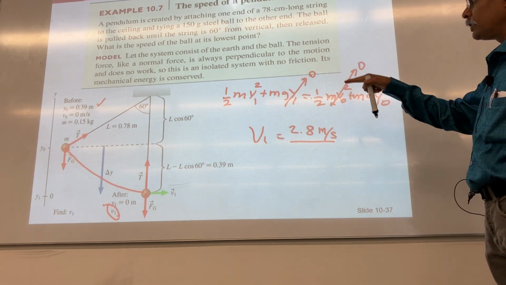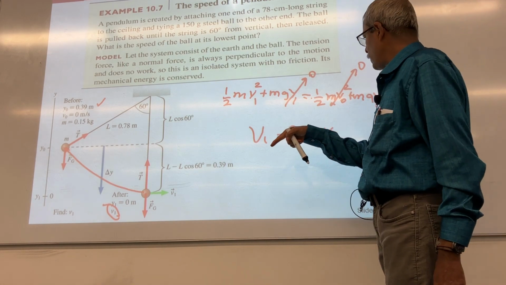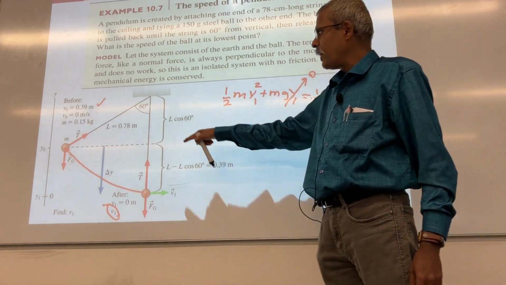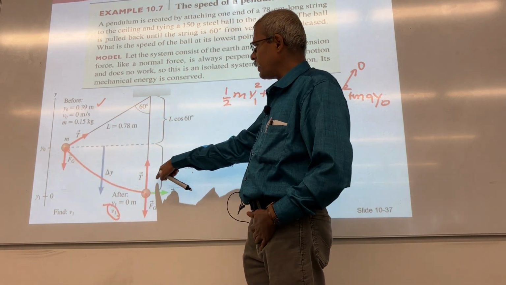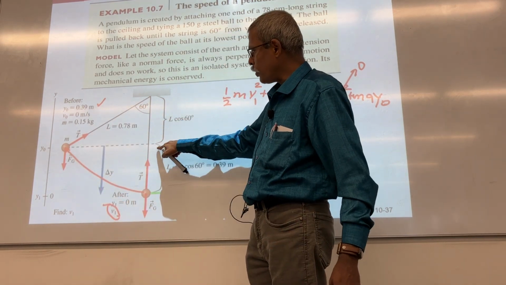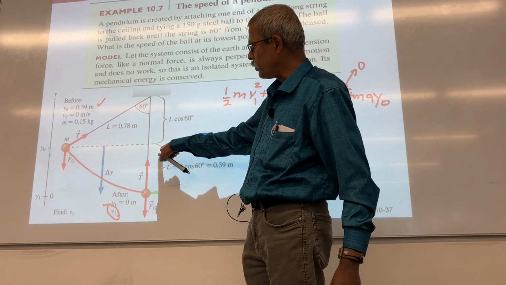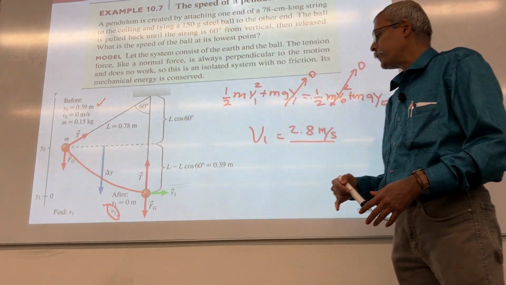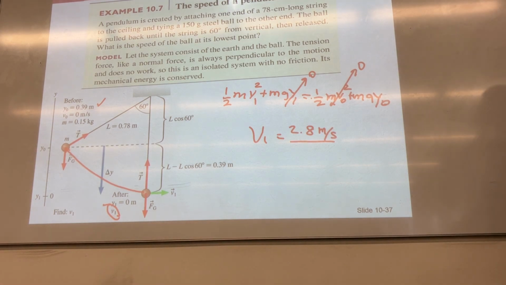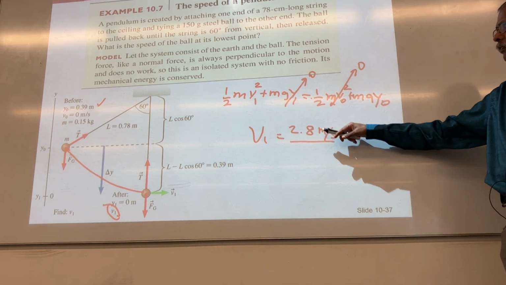The y0 you need to get from the relation here, of course it is calculated here. So check if you get this. That means 2.8 meters per second is V1.